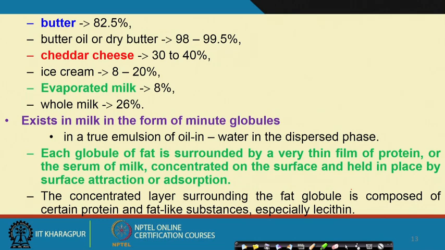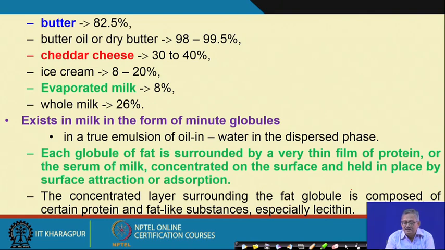Each globule of fat is surrounded by a very thin film of protein or the serum of milk concentrated on the surface and held in place by surface attraction or adsorption.